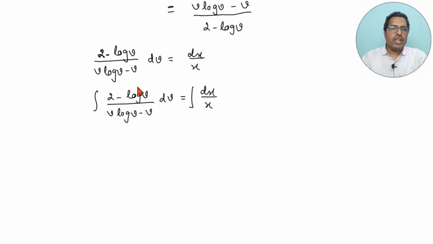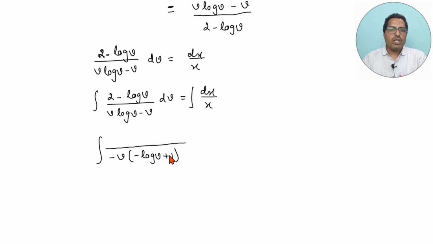We can neither integrate this integral directly, nor can we use the substitution method to integrate this one. So we need to simplify both the numerator as well as the denominator. So let us try to simplify it. In the denominator, let me take that minus v outside. In that case, because minus v is gone outside, you are left with minus log v there, and because minus v is taken outside, plus 1 is left. Now in the denominator, it is in the form of 1 minus log v.